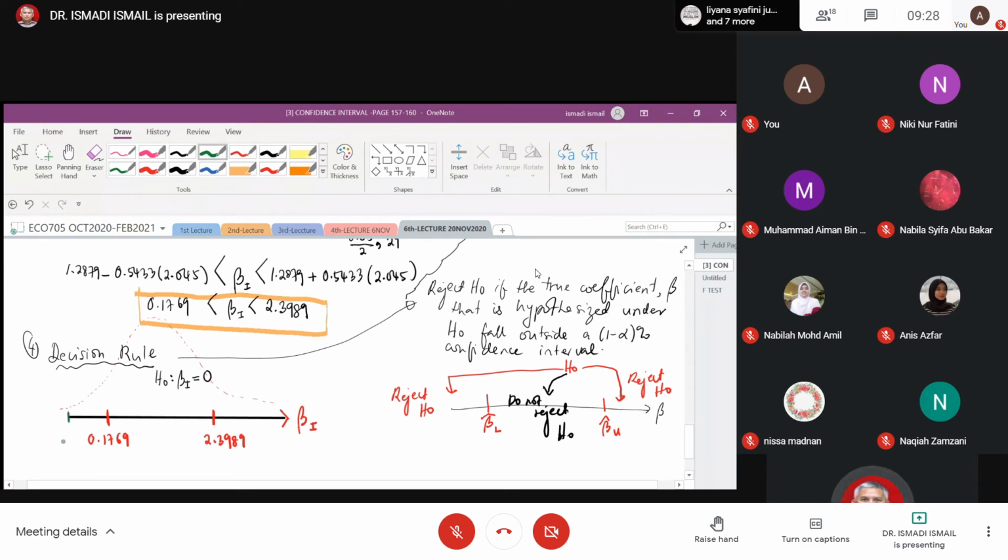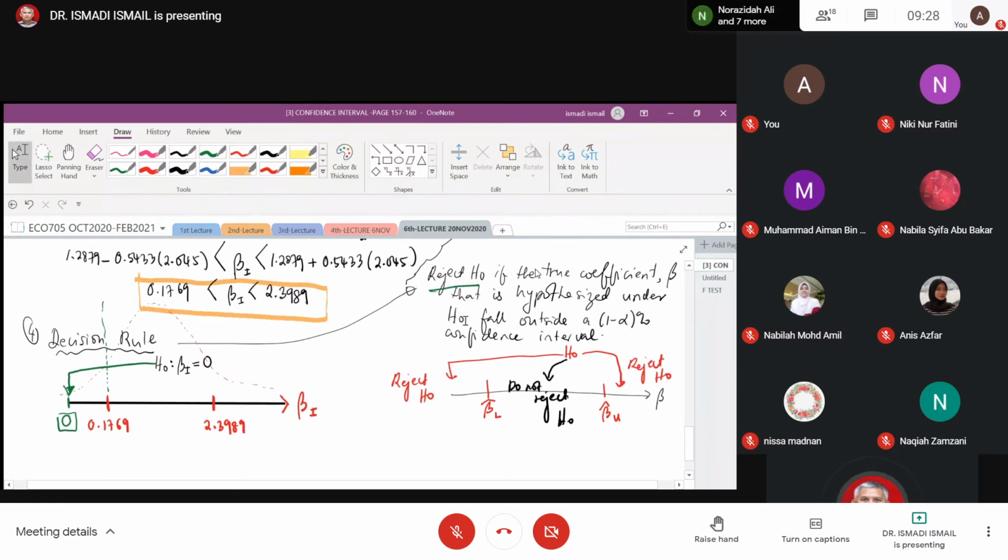This is 0. So the value of 0 lies outside the confidence interval. So H0 falls here. So what is your decision? Reject H0.